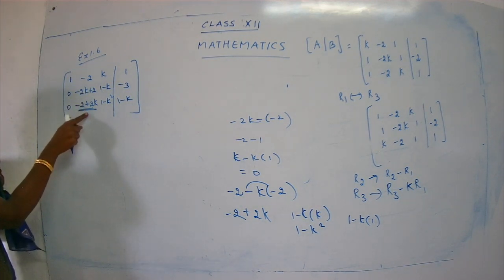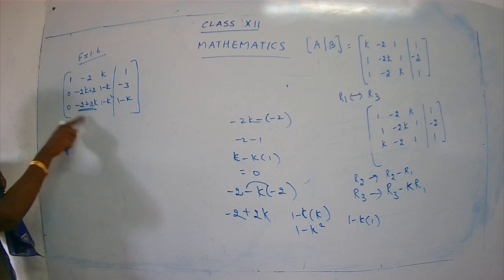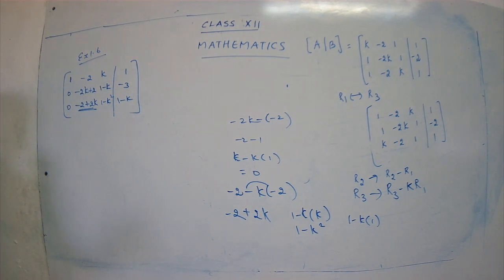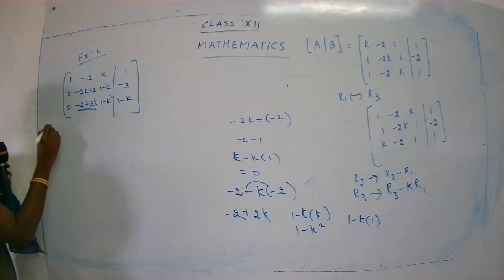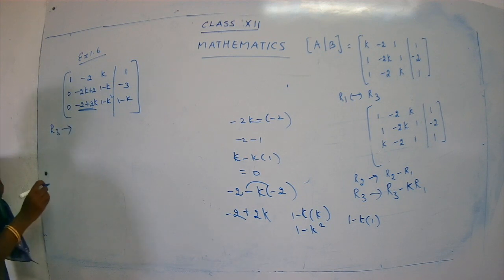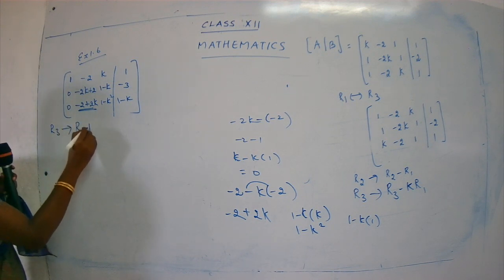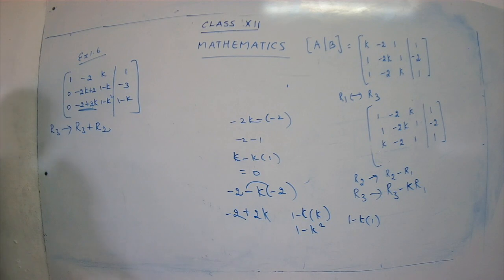We have the same terms with a different sign. So let's do the changes over here. R3 is going to change as R3 plus R2. So R3 changes to R3 plus R2. So let's have a change.